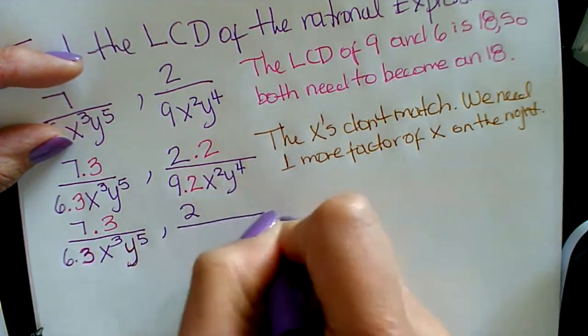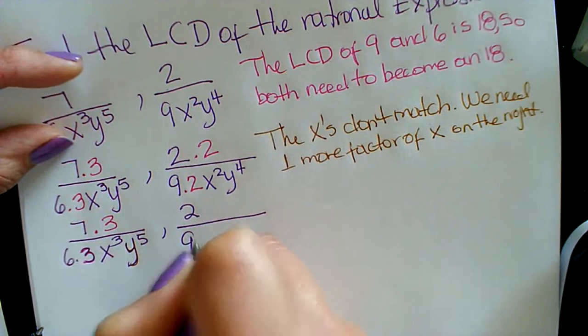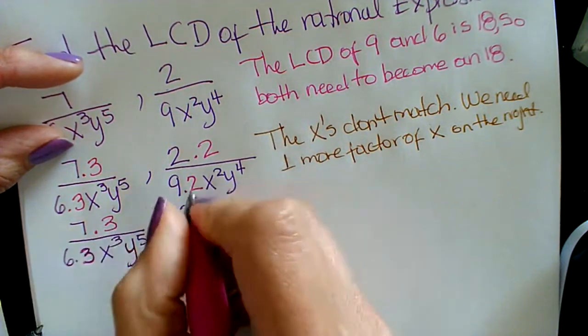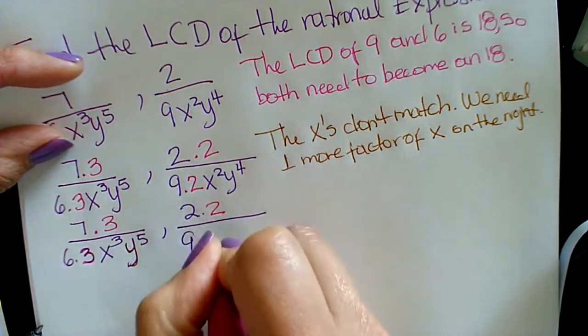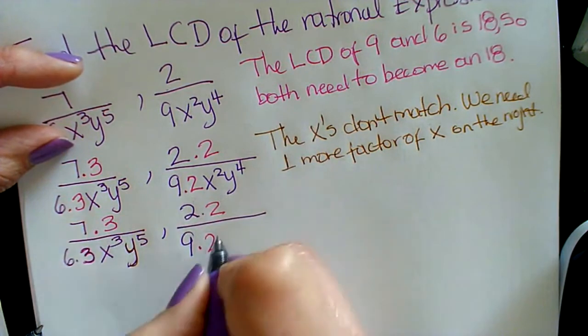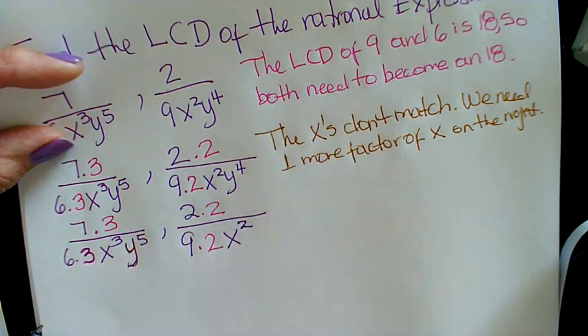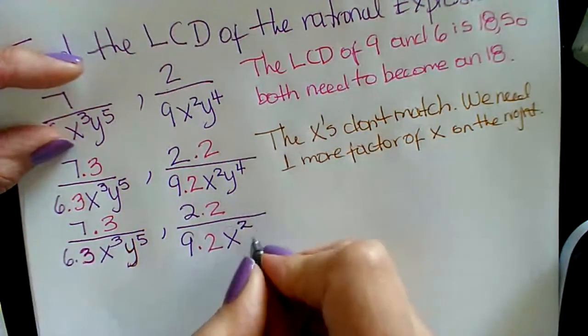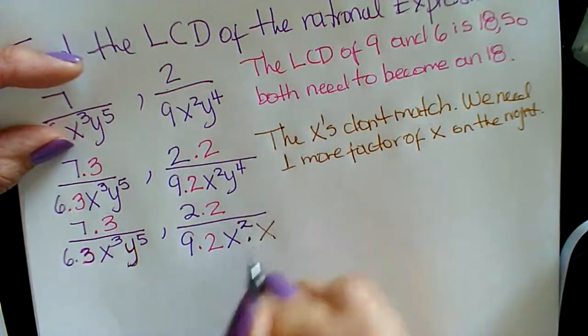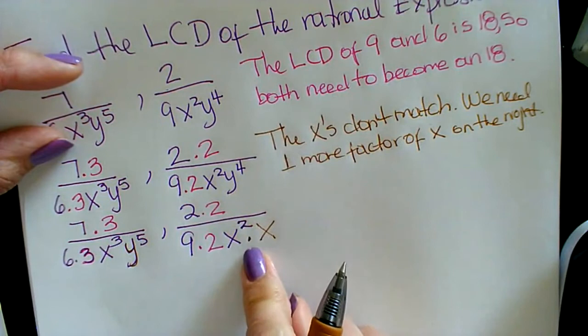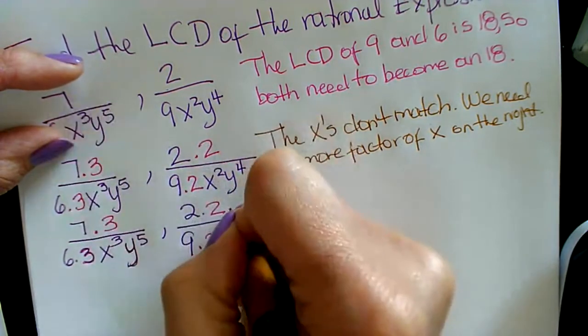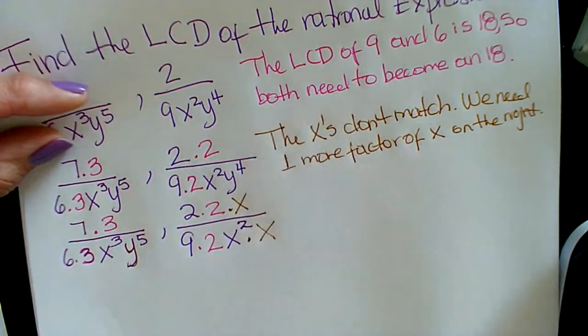We have a 2, we have a 9. This is going to be times 2, and this is going to be x to the second power, but I need to add another one. So I need to multiply by x. If I multiply it here, I need to multiply it on top. All right?